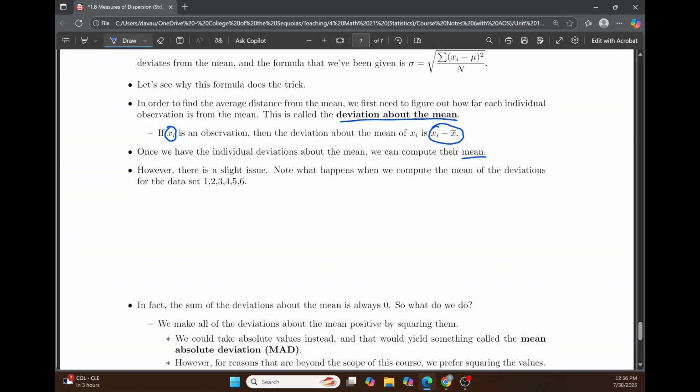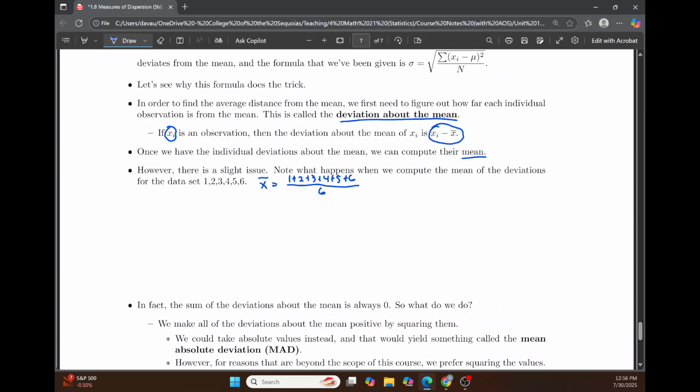To do this, first of all, we would need to know what the mean is, which I think you can probably intuit the mean here is going to be 3, but just to check, right, we would do 1 plus 2 plus 3 plus 4 plus 5 plus 6, and then divide by the number of numbers, which is 6, okay? 1 plus 2 is 3, plus 3 more is 6, plus 4 more is 10, plus 5 more is 15, plus 6, yeah, that's right, 21.